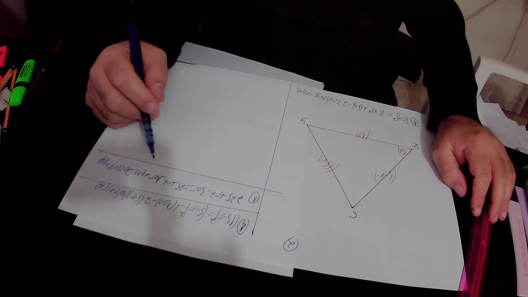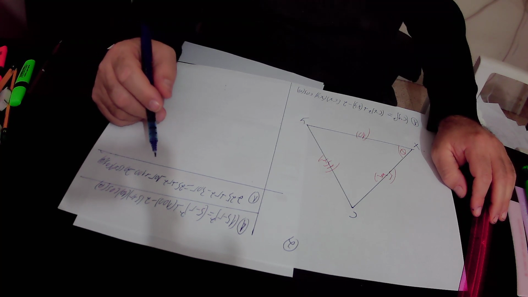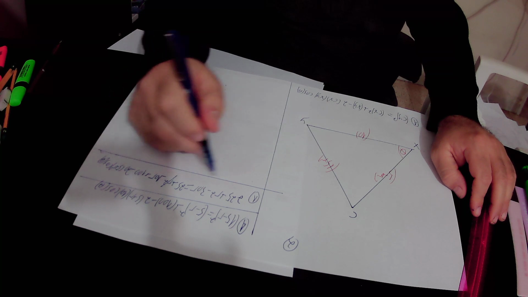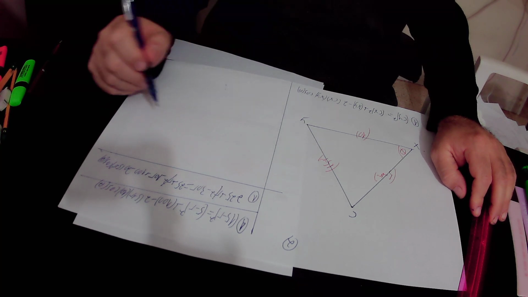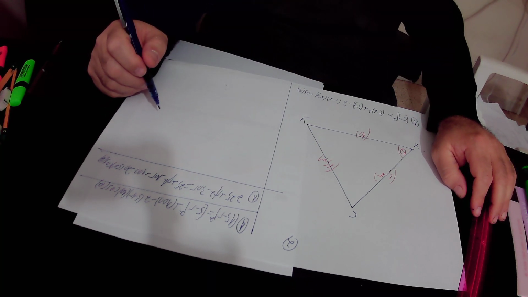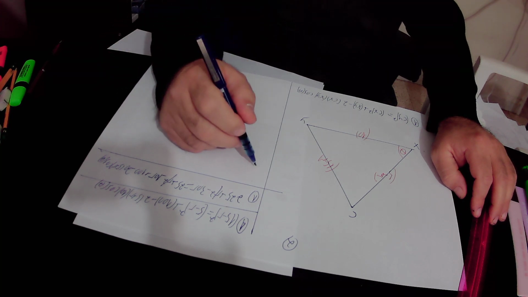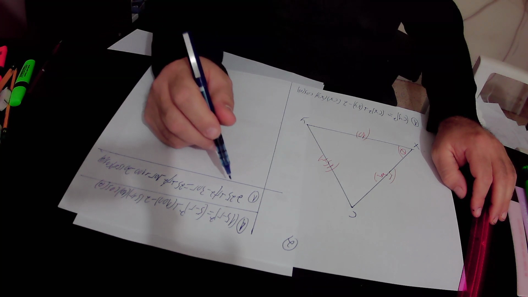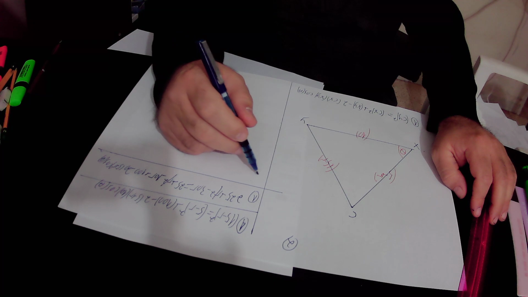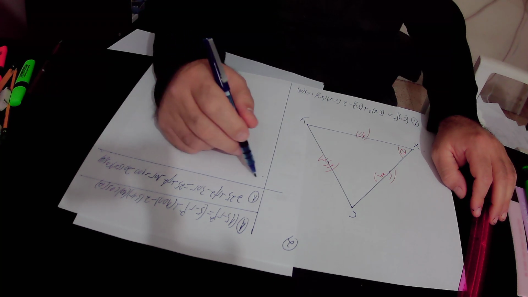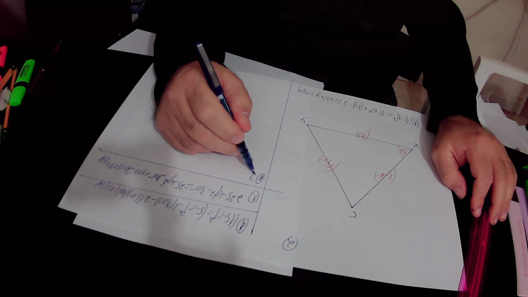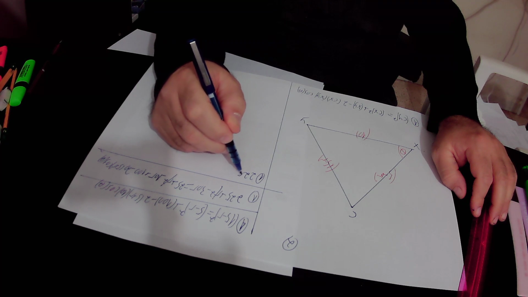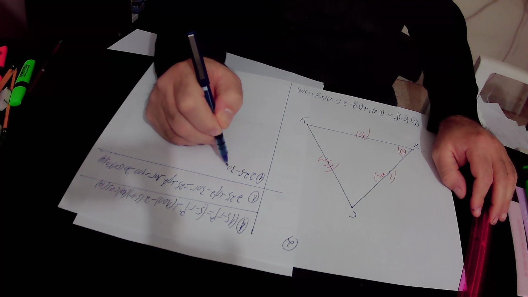So we have r squared on both sides of equation number 1, so r squared will get cancelled. And what is left from equation number 1 after we cancelled r squared? On this side we have 225 minus 30r.